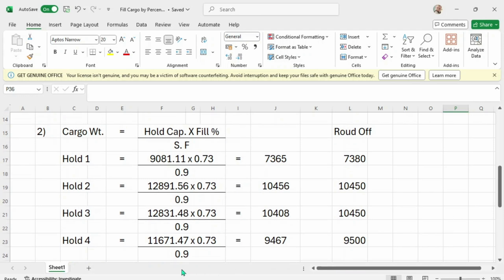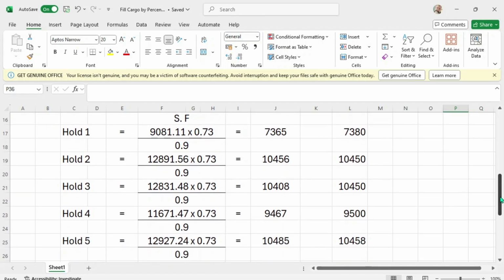Okay, then hold number 4, the hold capacity of number 4 is 11671.47 times your fill percentage over its stowage factor, then number 4 will be 9467. Okay, then number 5, again, the hold capacity of number 5 times your percentage over its stowage factor, then the weight you want to load in number 5 will be 10485.